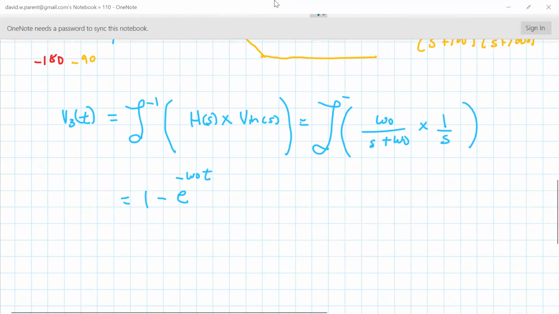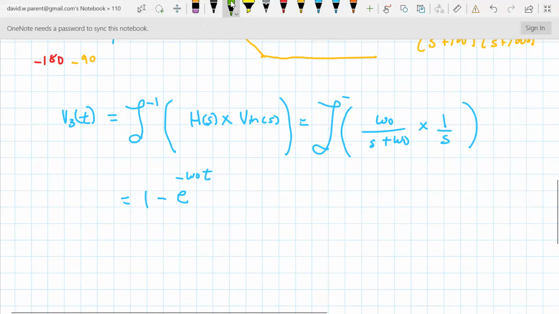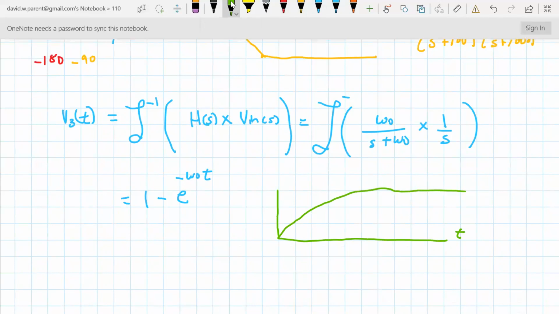Then the final part is we need to plot this. Okay, and this kind of plot is an asymptotic approach, right? And it's going to take 5 tau to get there. Scale is from 0 to 1 volts, right? And if you're wiggling around a little bit, that's okay. I can understand that. So that's about 5 tau.